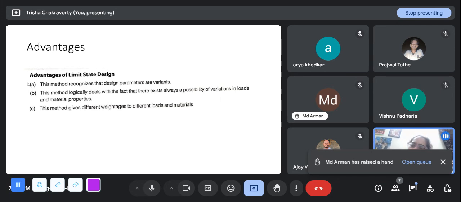We know this from certain lab tests that these are going to be the material properties. But when we are actually manufacturing the material in the factory, we cannot keep all the factors constant, so that every steel section that is manufactured has the same properties. So some will have greater yield strength than 250, some will have lesser than 250, and we don't know what it is. We cannot test every individual material, right?